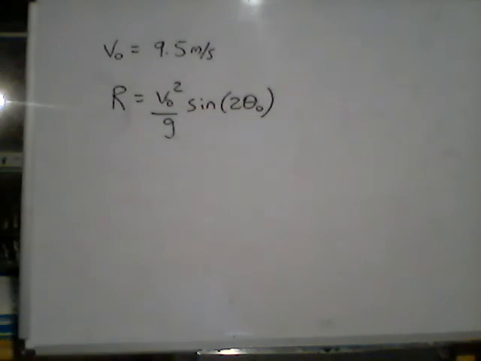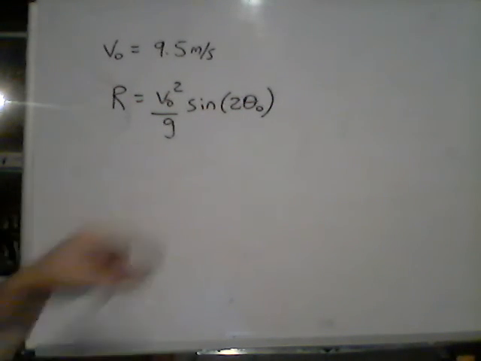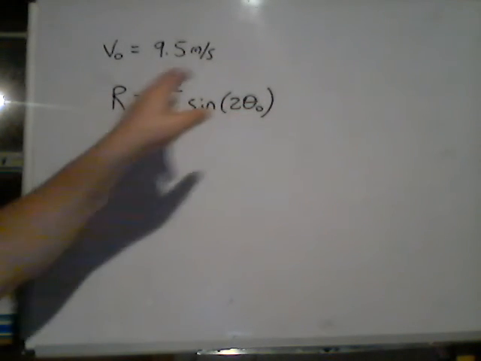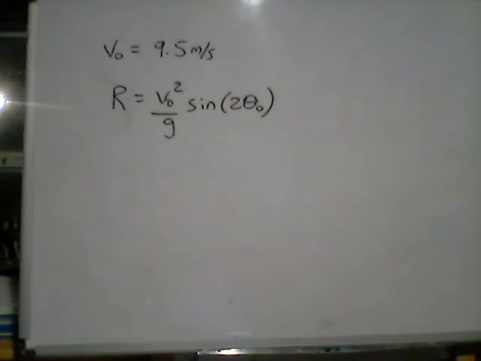G is a constant, so I have to figure out, and I said this earlier, how to maximize my range. I do that if I can maximize my sine function. So I know that can happen.